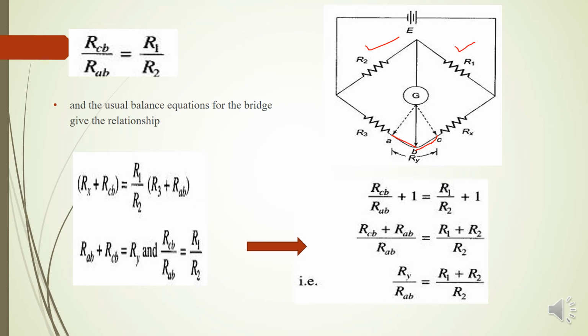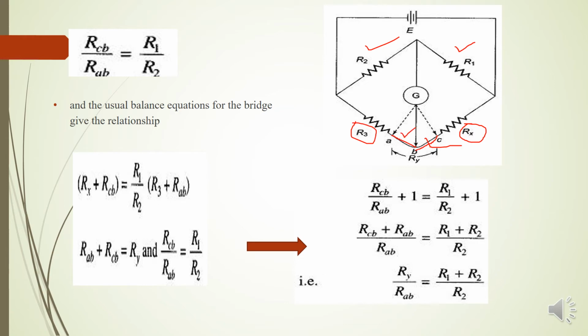And the usual balance equation for the bridge gives the relationship Rx plus RCB, where Rx is this one and RCB is this lead resistance, is equal to R1 divided by R2 into R3 plus RAB.